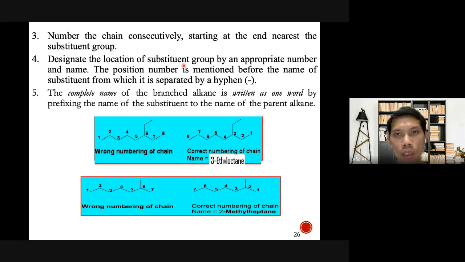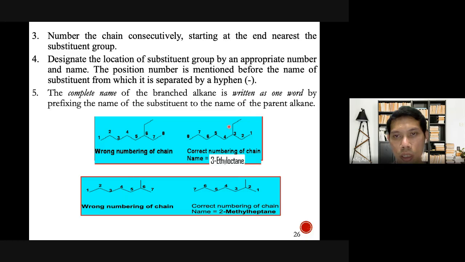For the substituent group, on how you are going to write it, you have to place the number or the position of that carbon. Let's say number 3 over here, it will be written as 3 and then separated by this so-called hyphen. So 3 dash, or 2 dash, and then the name of that substituent.